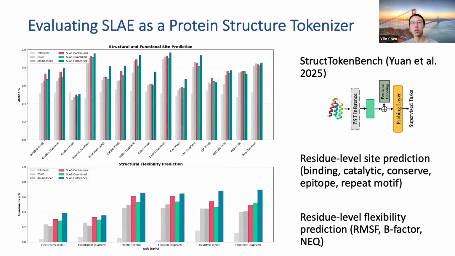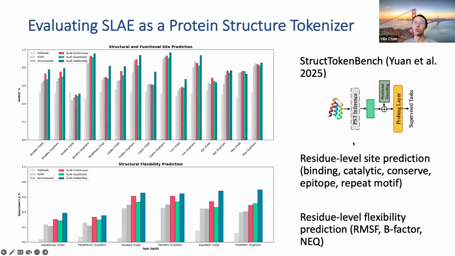The goal is to compare all these tokenizers across the same tasks in the same training setting. Here I'm showing the best baselines, which are full-seq ESM3 structure autoencoder and amino acid, the one StructTokenBench proposed. I'd say the SLAE latent, having sidechain atomic information, outperforms the baselines in most cases.